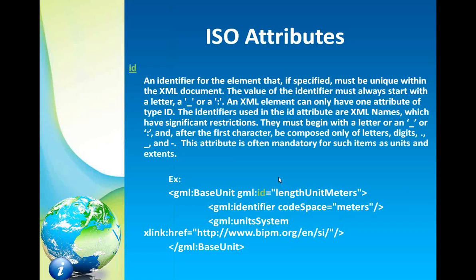In this particular example, the ID attribute is mandatory. So a lot of times if you're having validation issues and it gives you a little error, missing ID, that means that this ID is a mandatory thing to distinguish it. Well, which base unit is this?